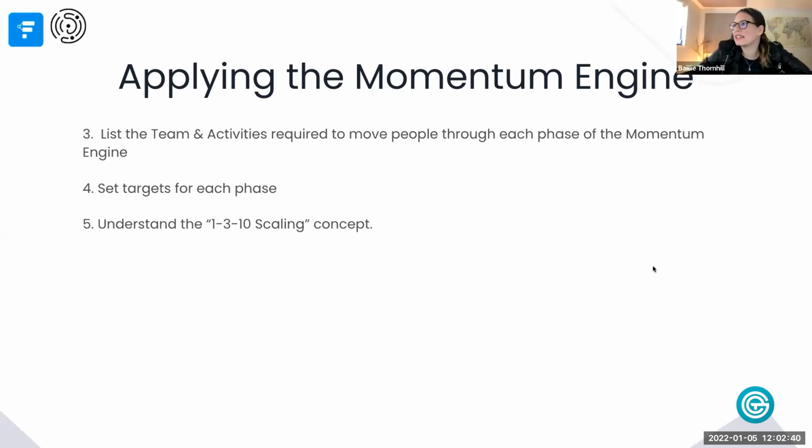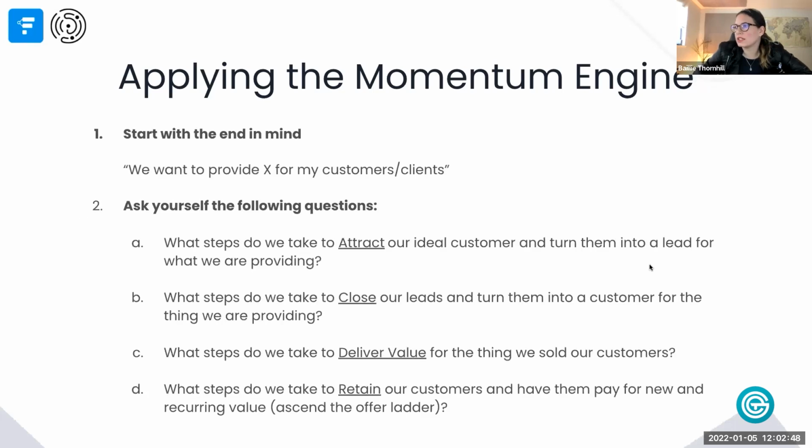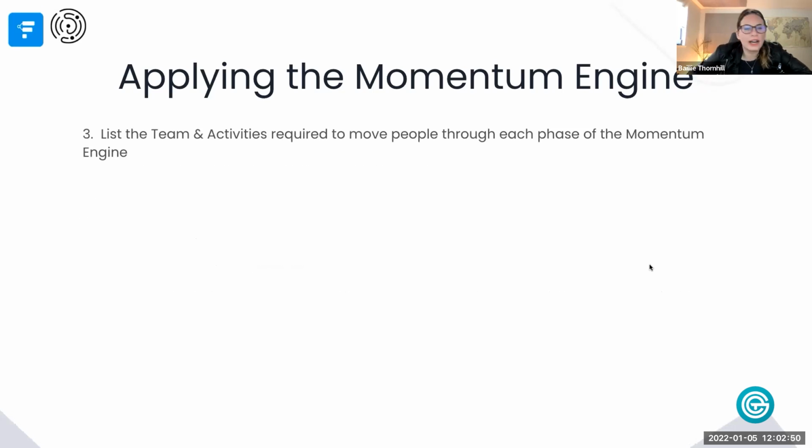Good. Okay. The last couple of things here: once you are clear on what these 4 stages are, then you need to start to put in the identifiable features of them.